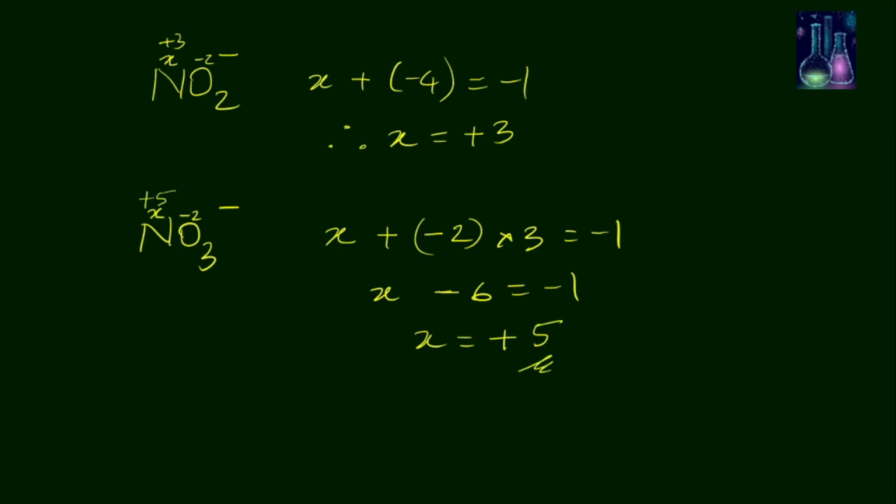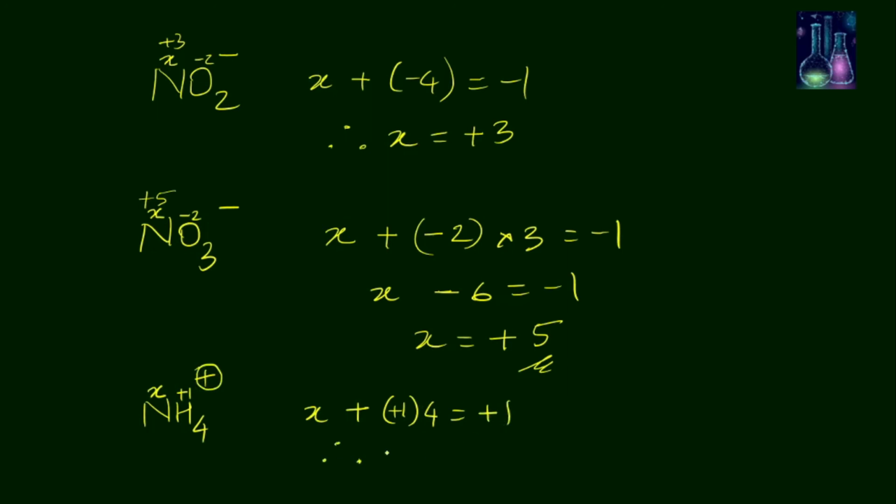Another example, NH4 plus. Let's assume the oxidation state of nitrogen is X, hydrogen as plus 1. Therefore X plus 1 into 4 equals the net charge on the molecule, which is plus 1.